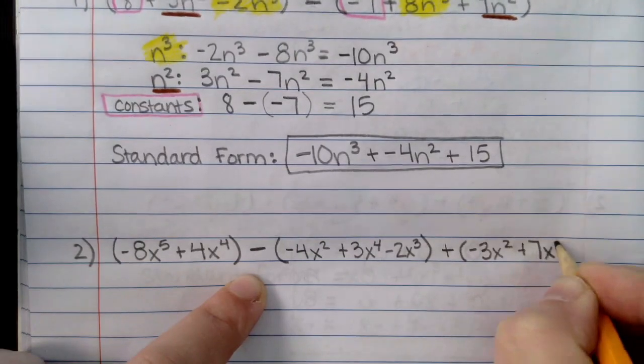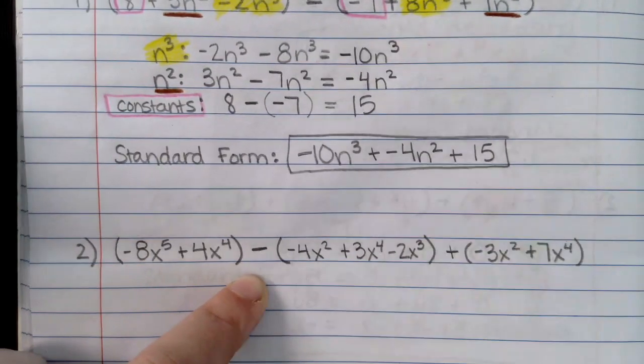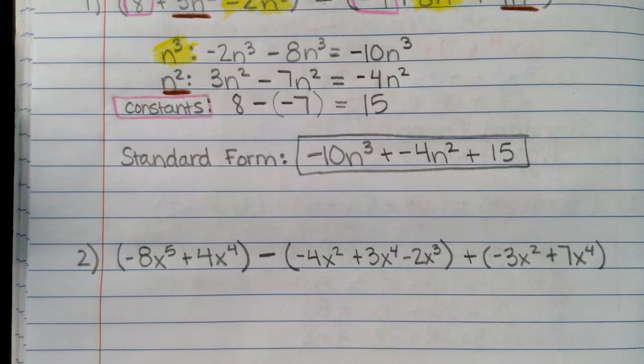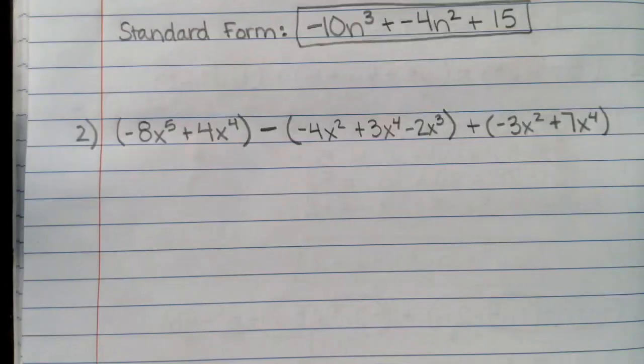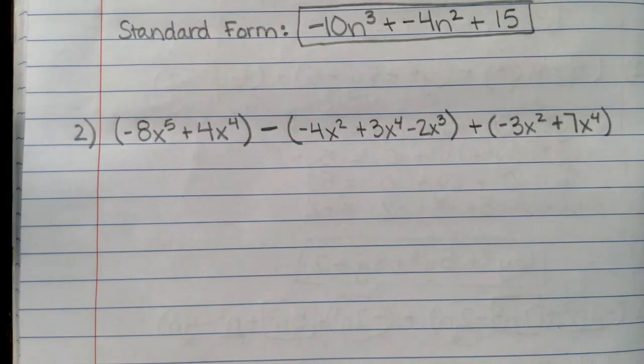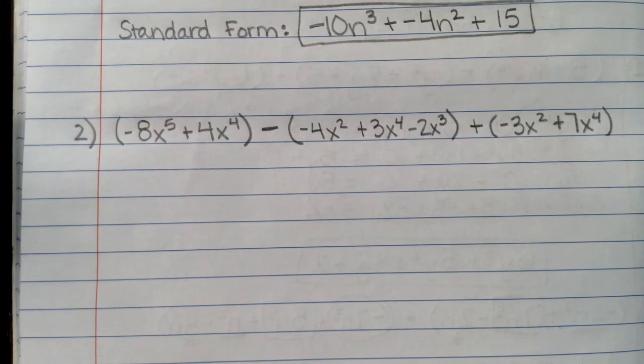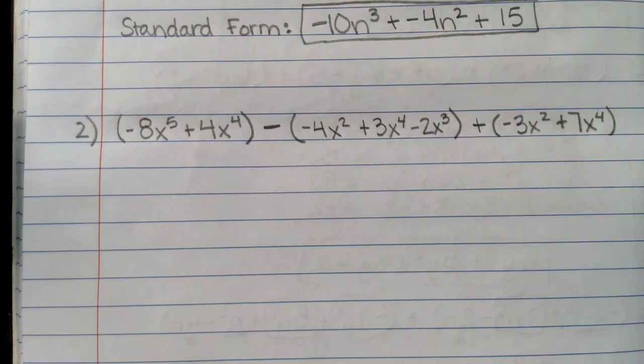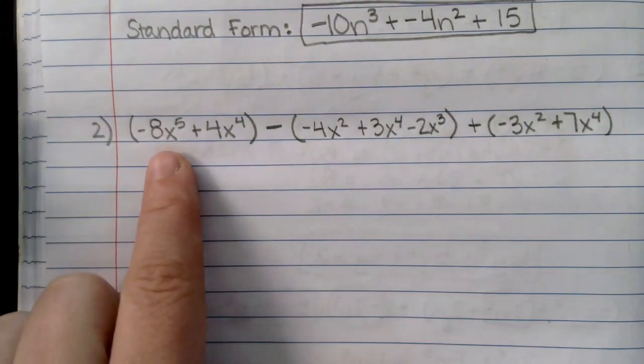Alright, so double check that you have that all written down. This time if you're using colors, we'll need 4 colors. If you're not using colors, then you don't have to worry about that, I guess. Alright, so we had negative 8x to the 5th power plus 4x to the 4th power. That's the first binomial, so in parentheses.